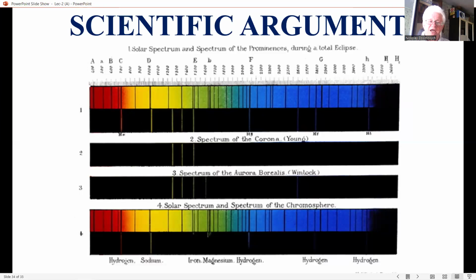Solar astronomers can observe the spectrum of the chromosphere, and they find that atoms there are more highly ionized, or have lost more electrons, than atoms in the photosphere. Atoms in the corona are even more highly ionized. That must mean the chromosphere and corona are hotter than the photosphere.